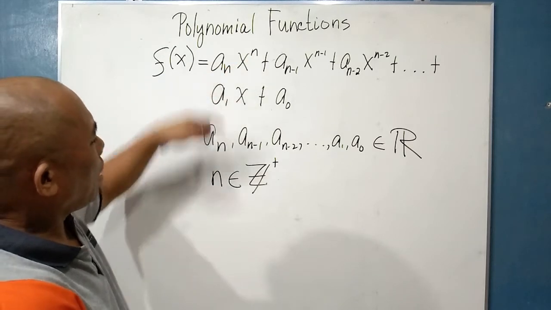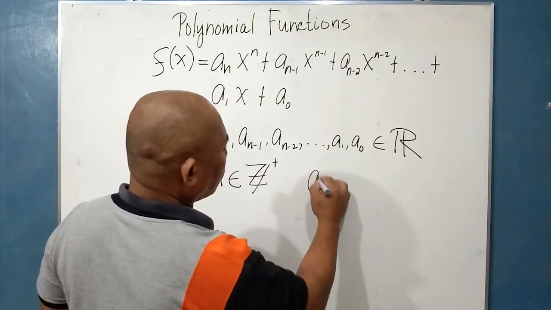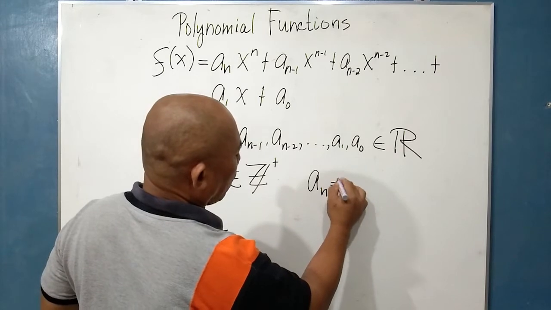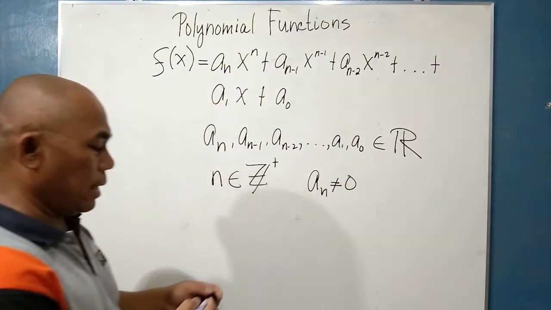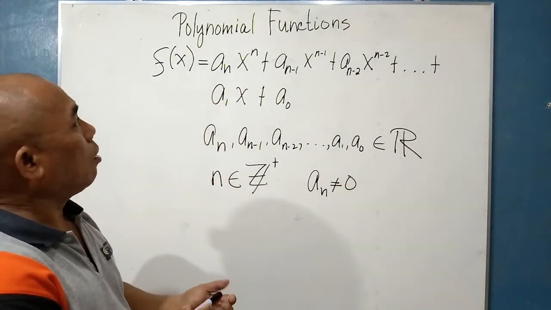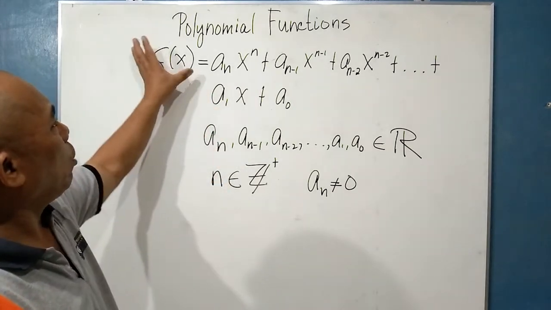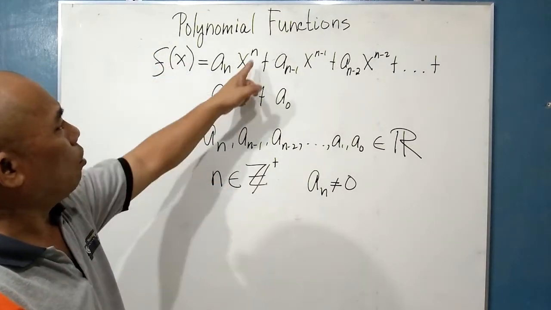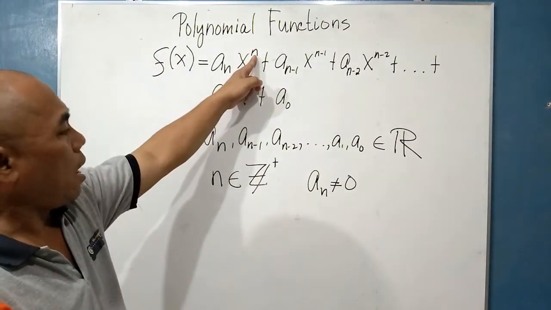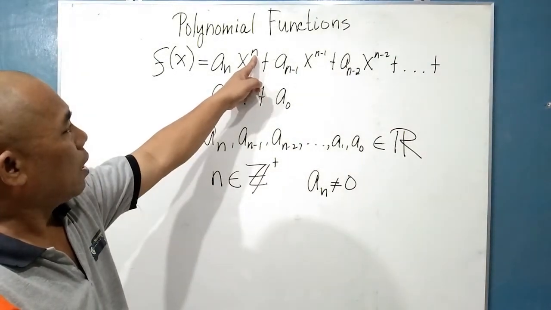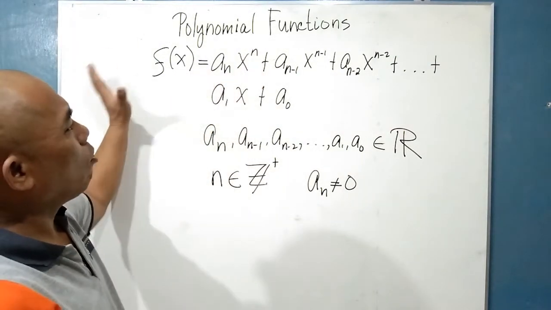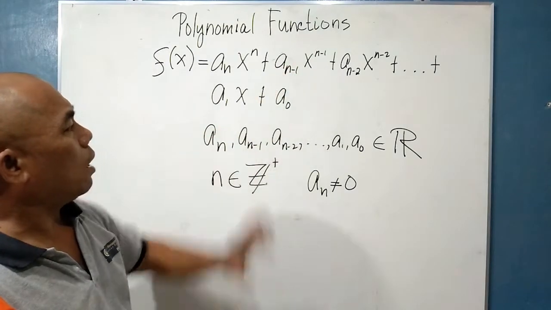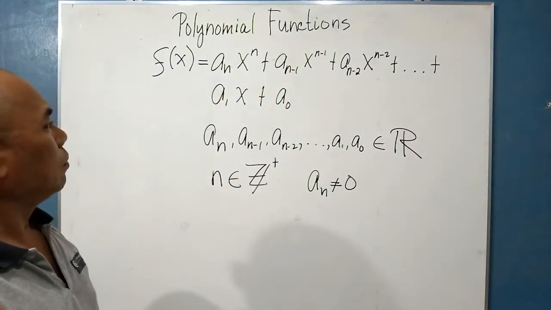Then our a sub n cannot be equal to 0. That is because our polynomial function is of degree n. Okay? So mao ni naong sa ato ang polynomial function.